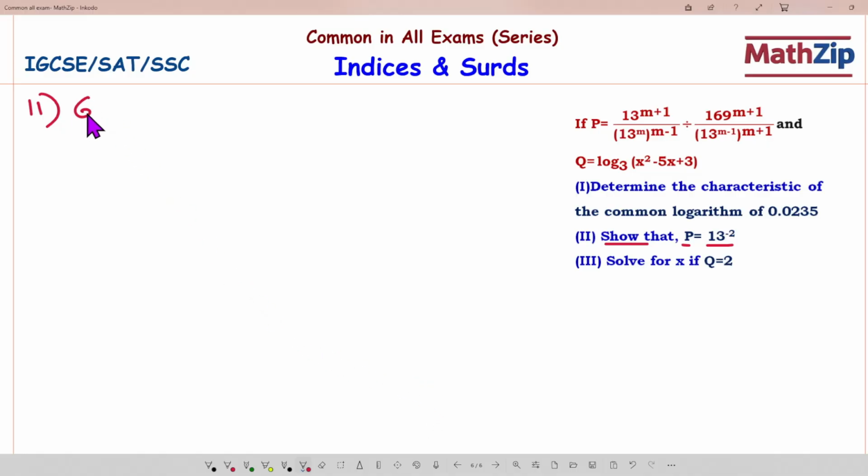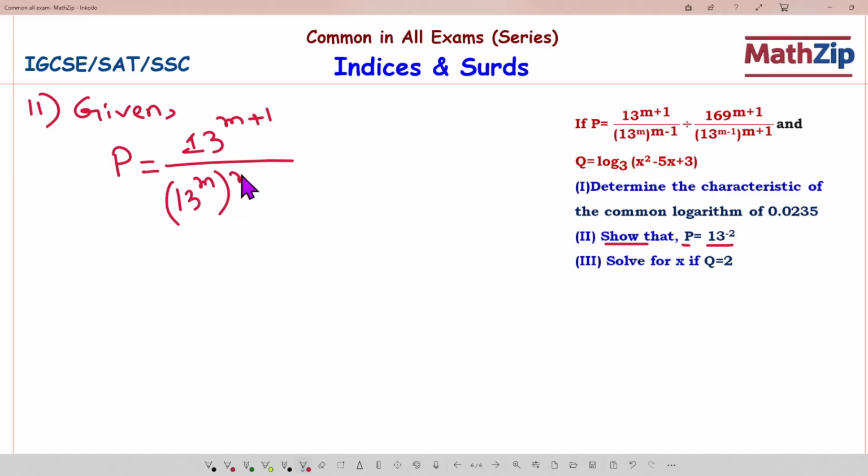So given P equals 13 to the power m plus 1, times 13 to the power m times m minus 1, divide 169 to the power m plus 1, divide 13 to the power m minus 1 times m plus 1.